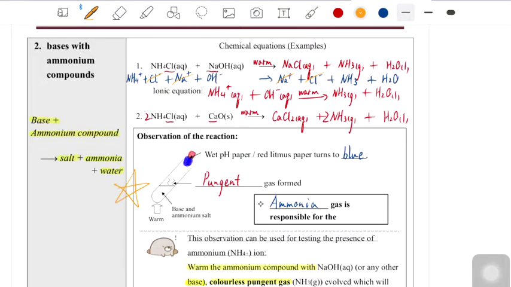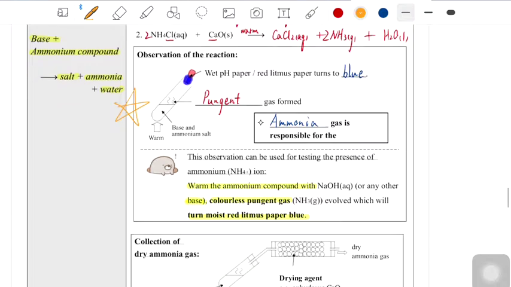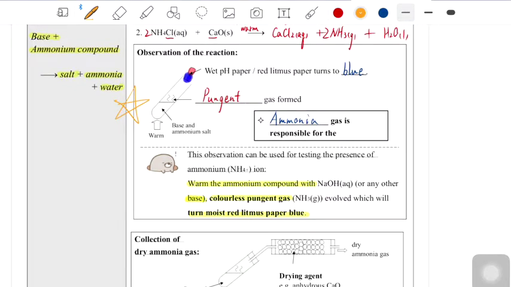When we collect the ammonia gas, remember here we gently warm the reaction, so the water will also evaporate. So how do we get rid of the evaporated water?